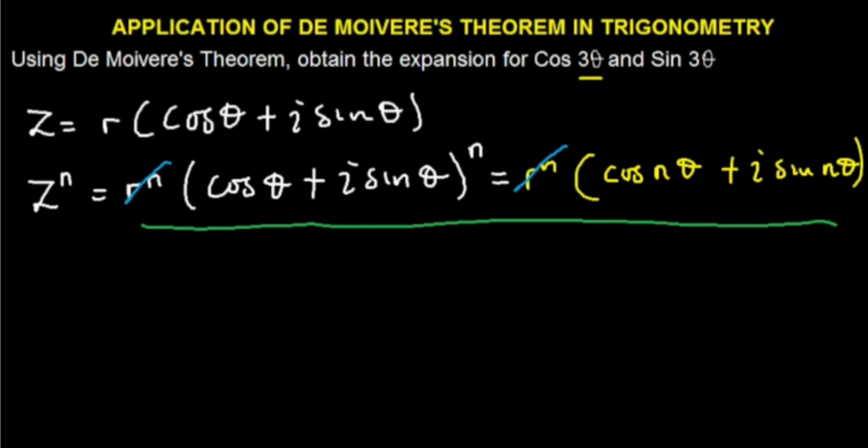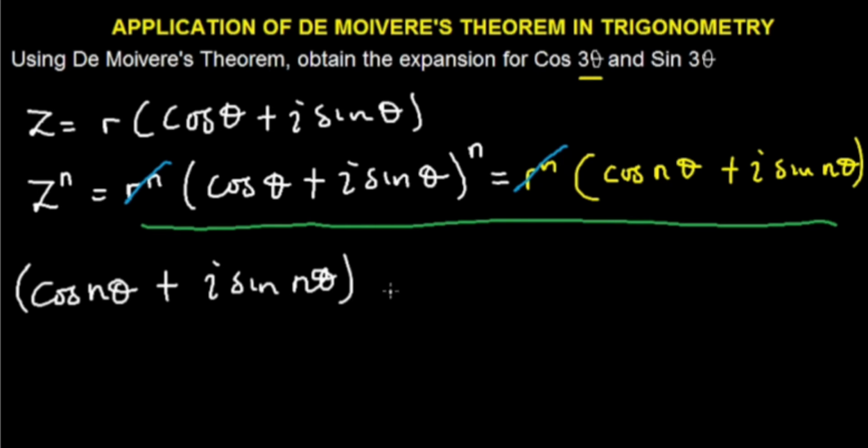Then I will have just this to deal with: cos n theta plus i sin n theta is equal to cos theta plus i sin theta to the power of n. So we are making use of this before we implement the solving.